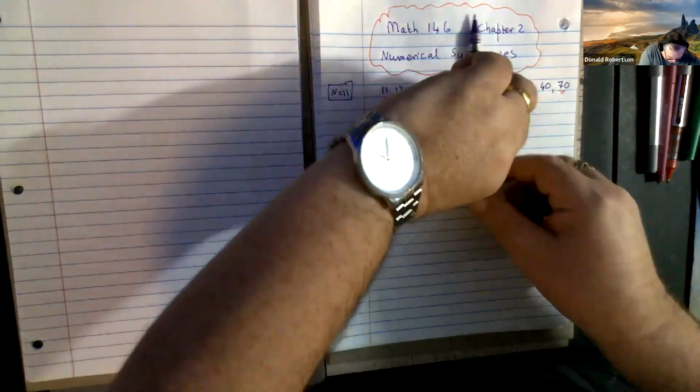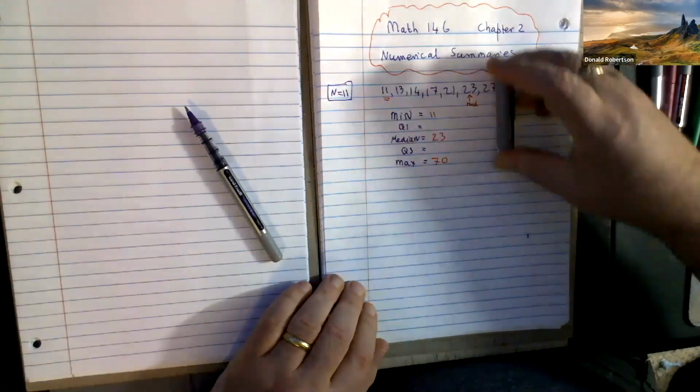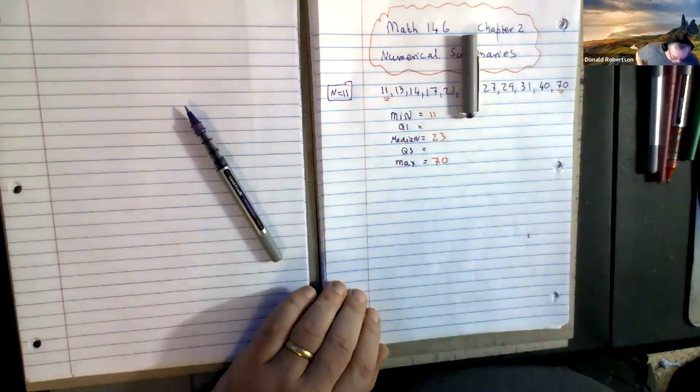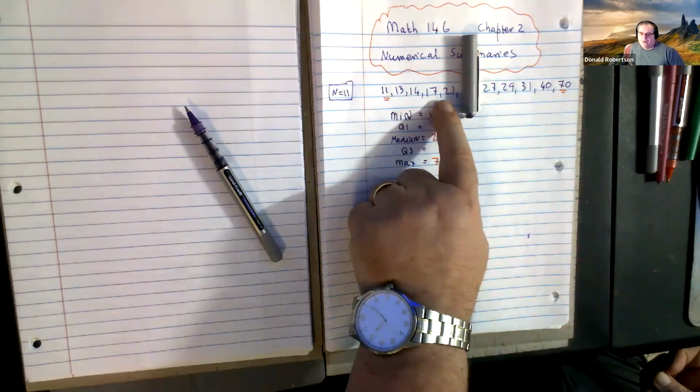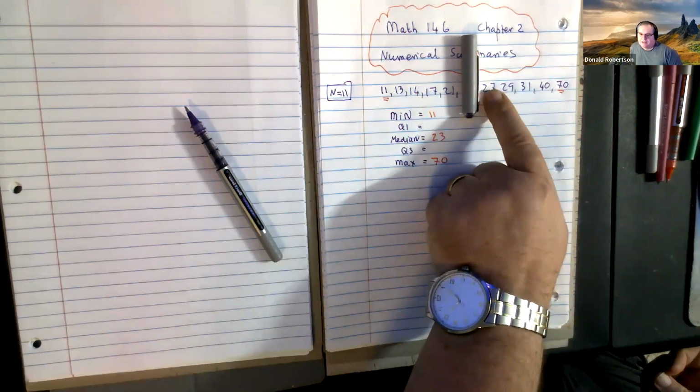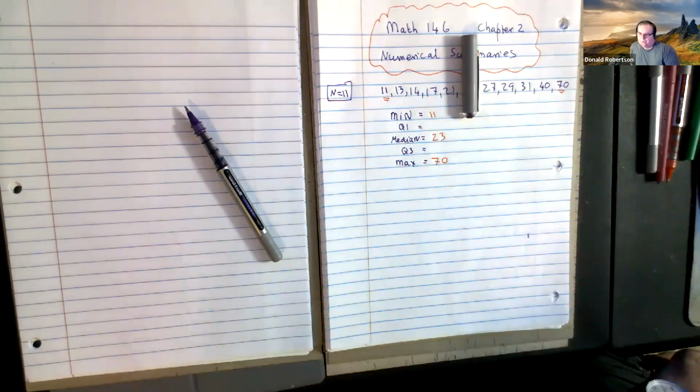What you imagine happening is there. Do you see that the median 23 has split the data into 2 pieces? You got the little guys on the left and the big guys on the right.